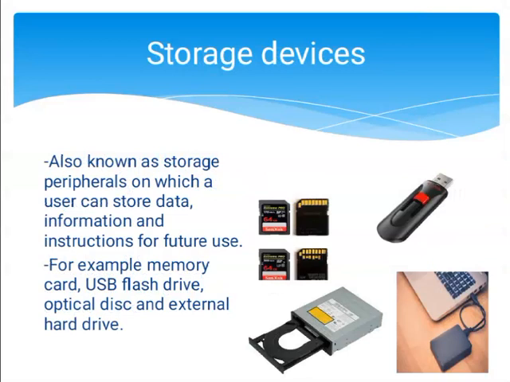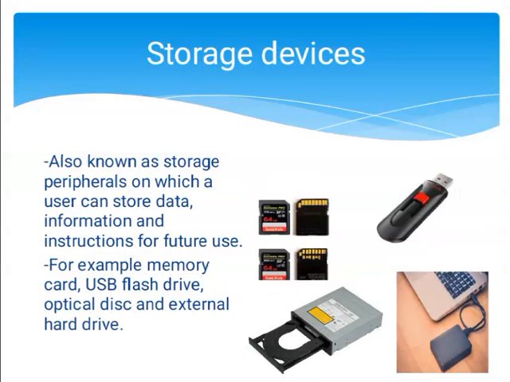Then the last type of computer hardware is the storage devices. This is also known as storage peripherals, on which a user can store data, information, and instructions for future use.